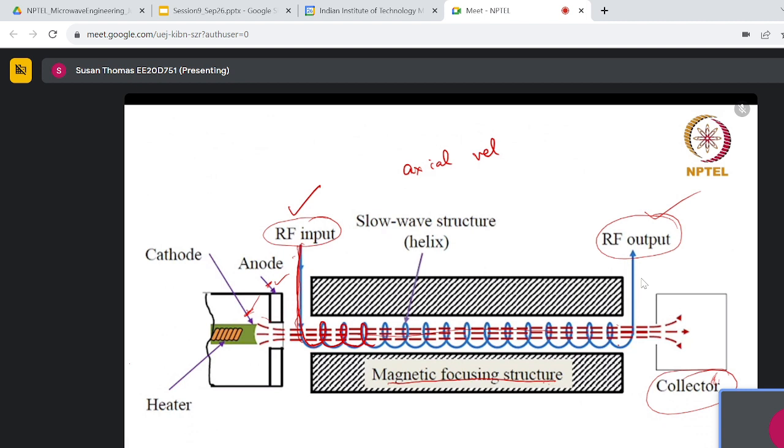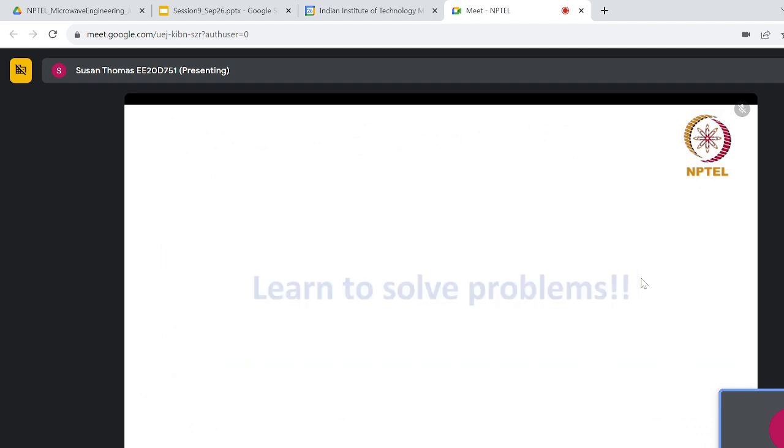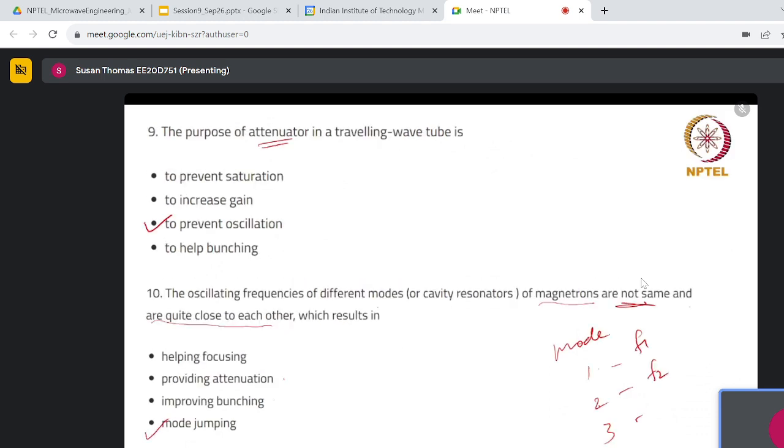So the helix has a field, which is giving the accelerating or slow down field, and the other is the magnetic field, which is a focusing field. We can call it a focusing field. So these two are present in a TWT. So which structure could not be?